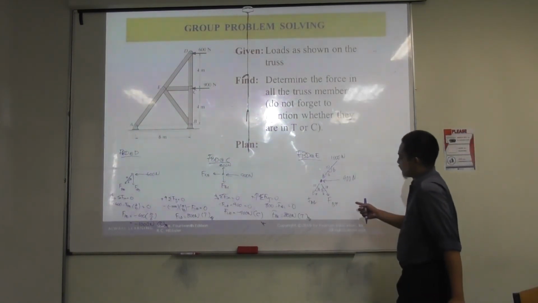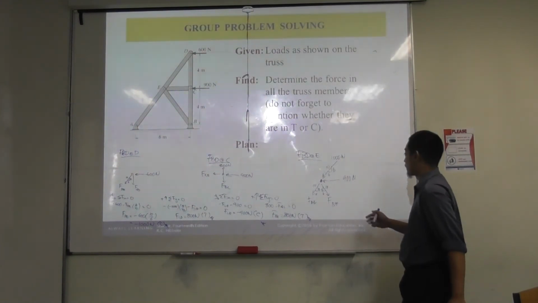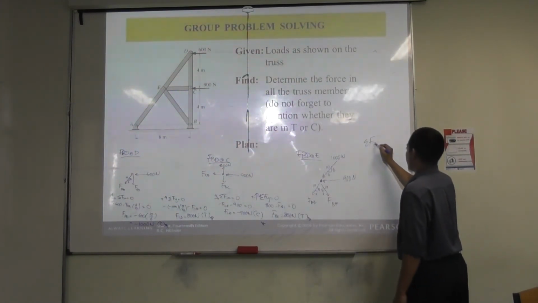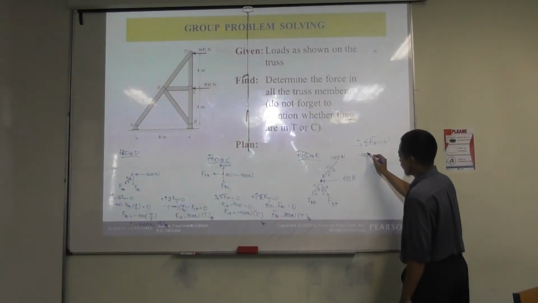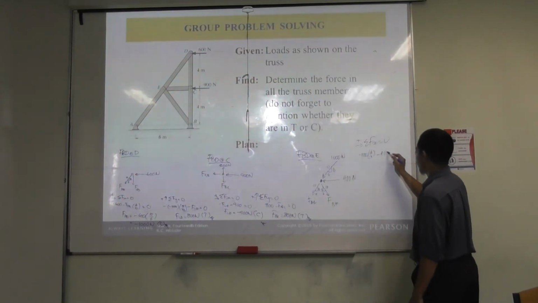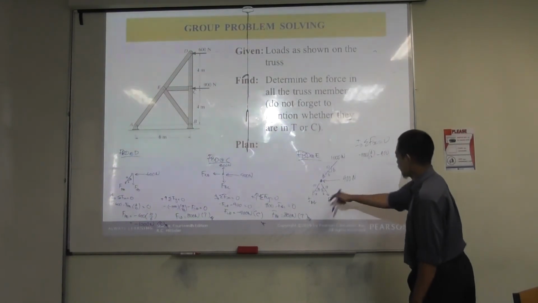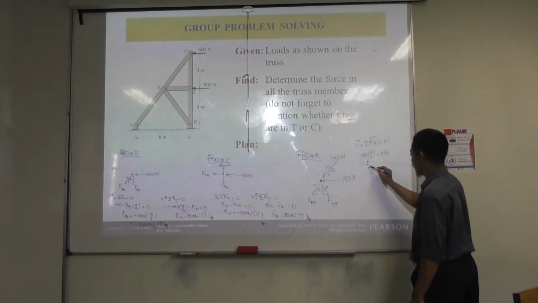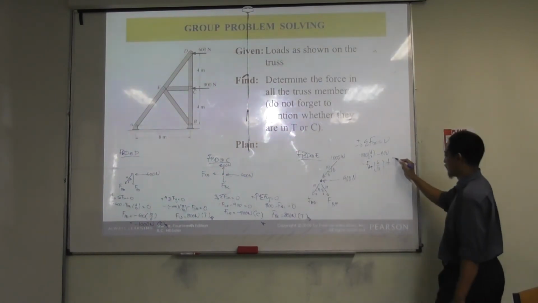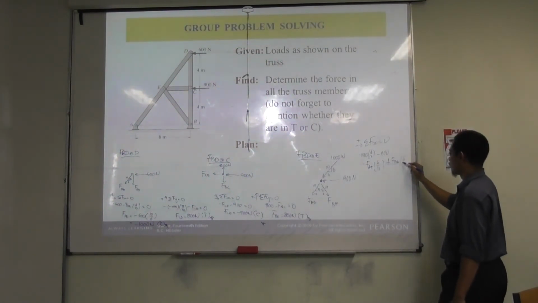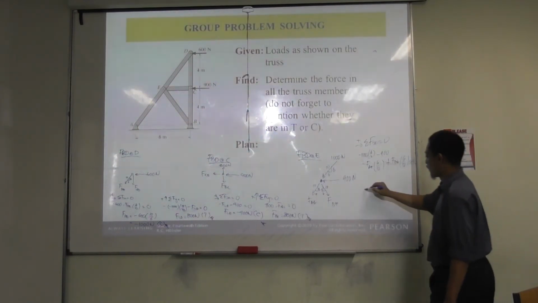Okay, this will result in simultaneous equations, right? With the summation of Fx equal to 0, you have minus 1000 times 6 over 10, minus 900, minus FAE 6 over 10, plus FBE 6 over 10 equal to 0.